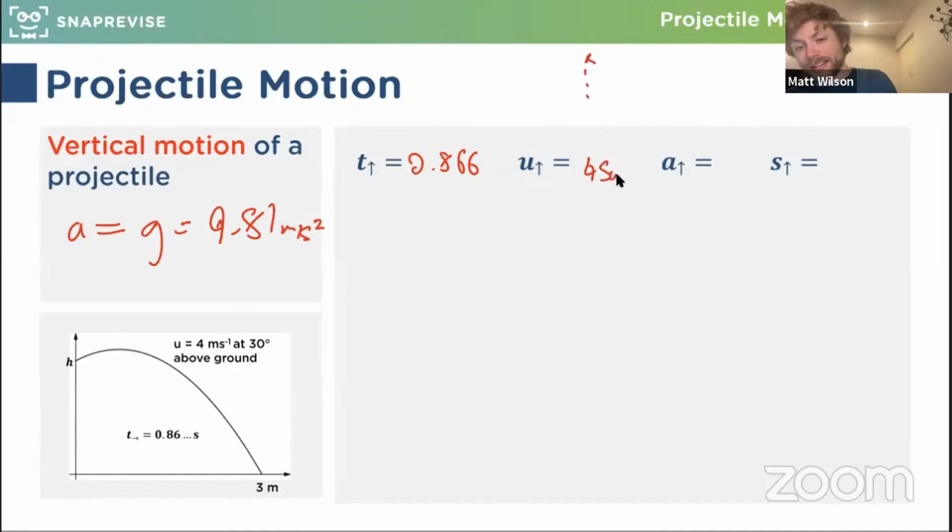It was 4 sine 60. Now, if I've called this 4 sine 60, ask yourself, which direction have I declared to be positive? Well, I've called that upwards quantity positive, 4 sine 60. So the acceleration, a downwards quantity, should be minus 9.81 here.